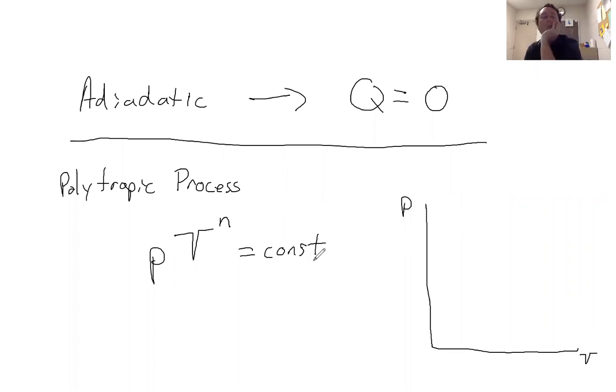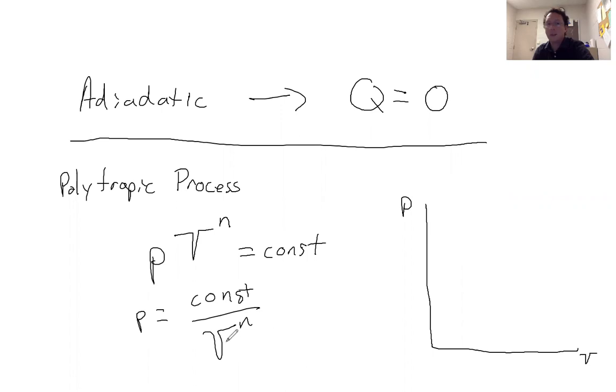Let's think about what that would mean. In a PV diagram I can rewrite that to say P is some constant over V to the n. Well, if n is 1, it looks like a hyperbola. It's very similar to what we have for an ideal gas at constant temperature.